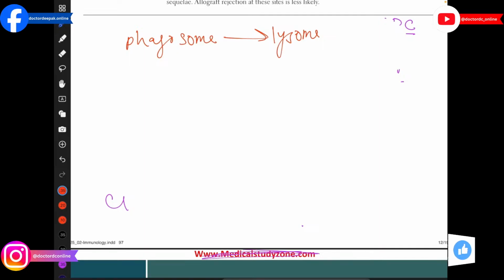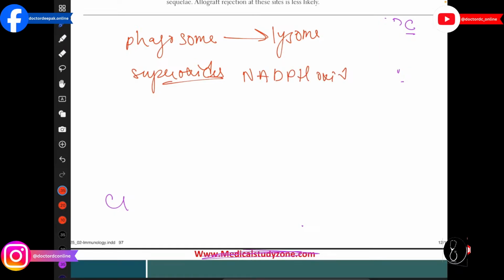They also have reactive oxygen species like superoxide, produced by NADPH oxidase. If you remember the respiratory burst, they generate hydrogen peroxide and oxygen radicals. Reactive nitrogen intermediates are also used for killing bacteria.